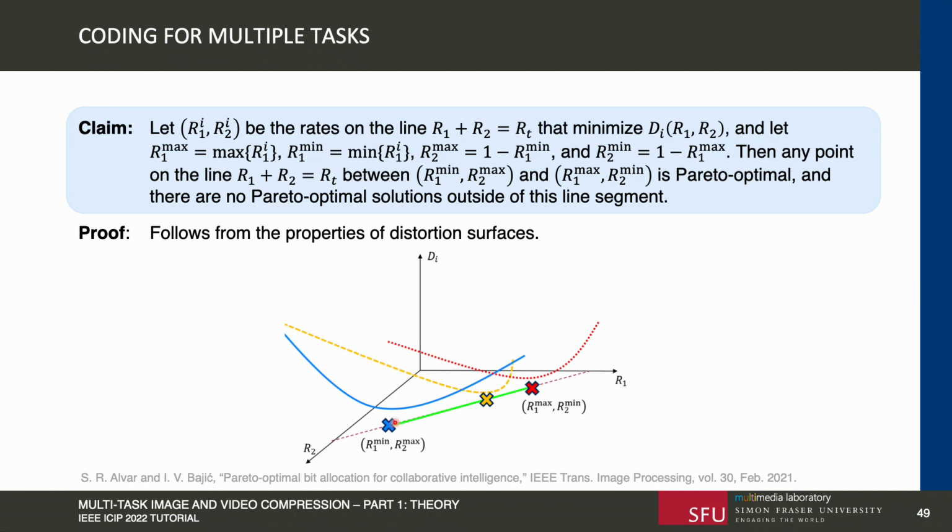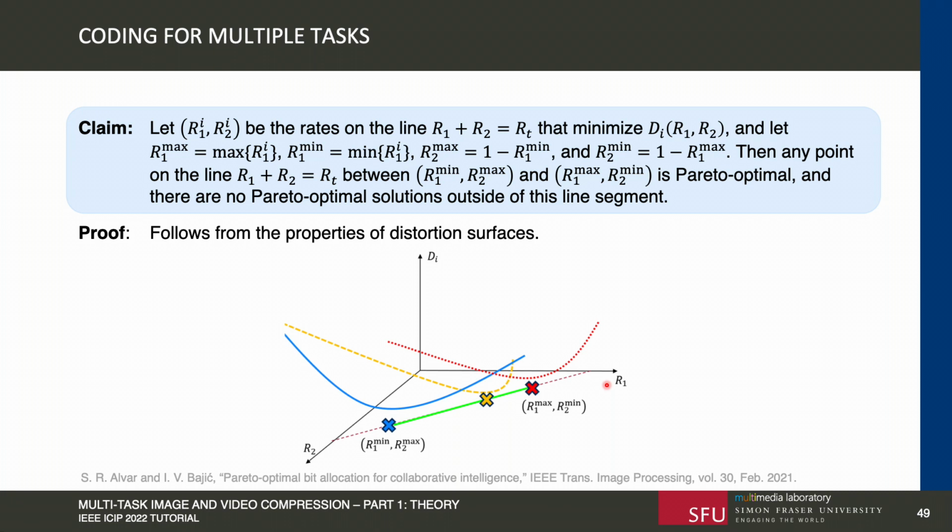And it turns out that any point on the line in between those two extremes is a Pareto optimal point, and no point outside of that line segment is Pareto optimal.